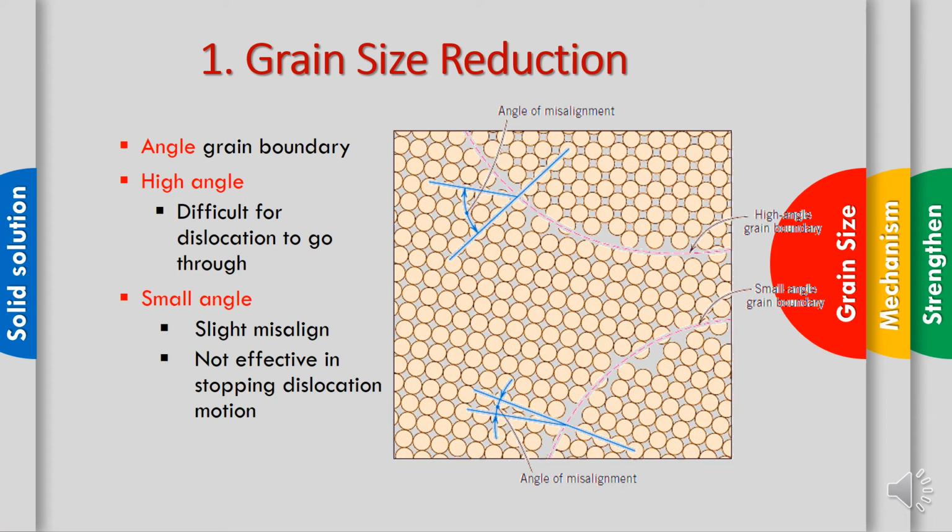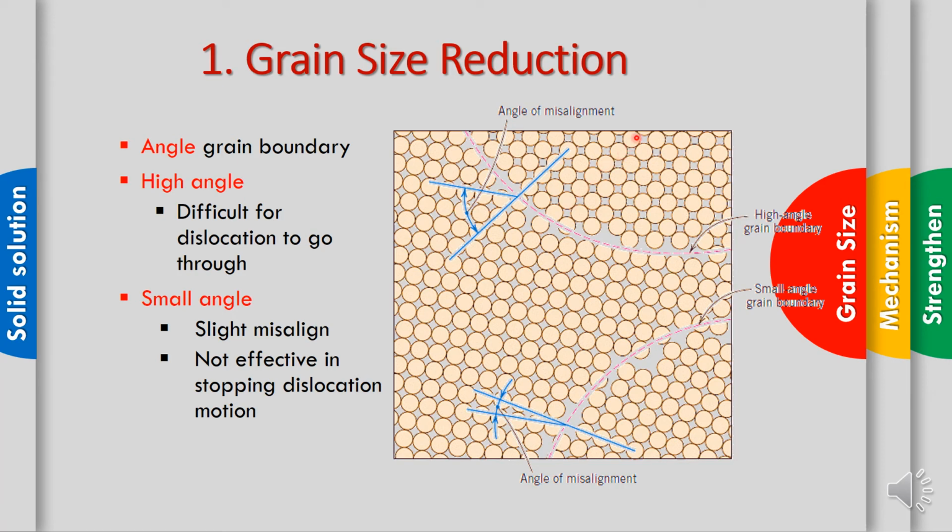We can see three sets of grains, which have different orientations.